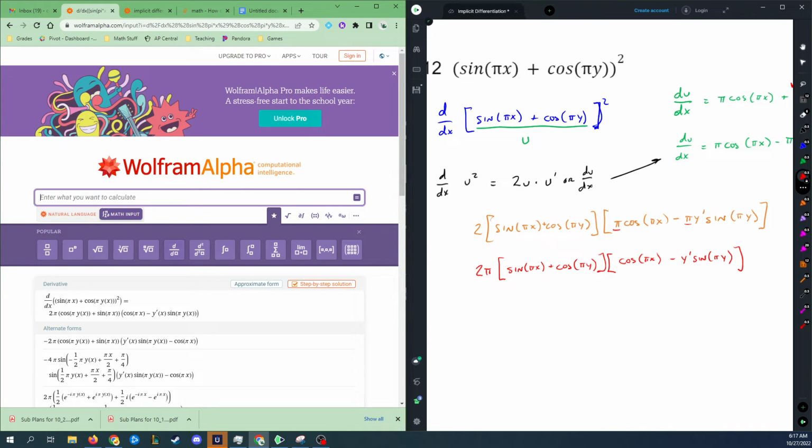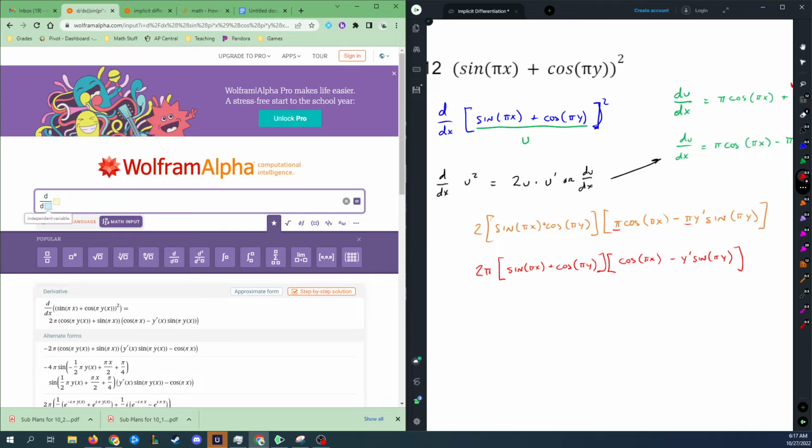So if I want to go to math input, I just go d, and then I call my variable, and they guide you through this process. So d dx, and then I need my function here. Because it has the box, you don't technically need parentheses. So you have x squared, and then plus y squared.